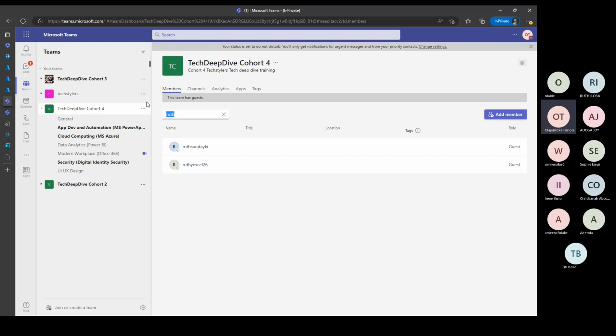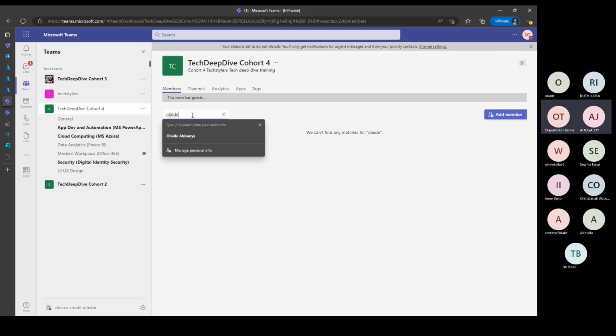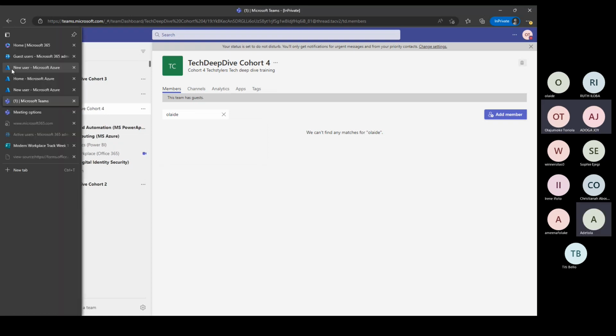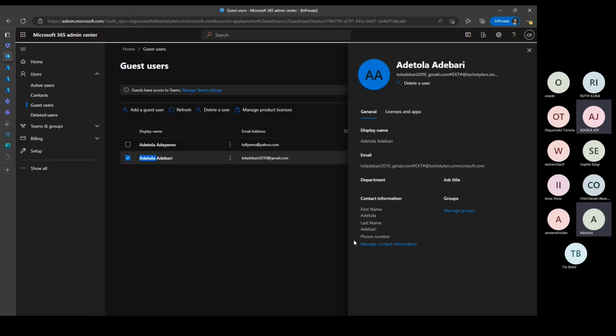And then Olaide did the same thing. You're supposed to check your email. So you don't have your invitation also. So we need to ask you guys. Yes, I saw it on the 24th of March. It doesn't matter. Check whether you can.